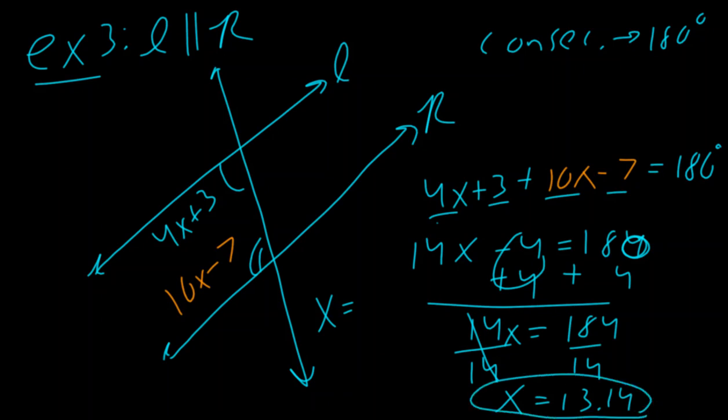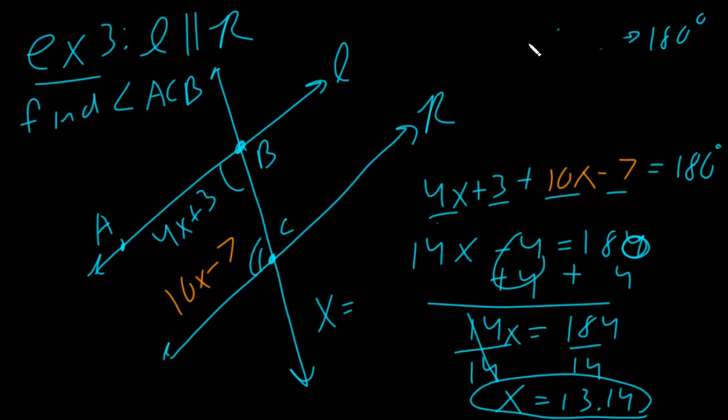Now y'all know me. Y'all know I don't typically like to start there. So what if I said, hey, this is actually point A, hey, this is point B, let's call this point C, and I wanted you to find angle ACB. So the question is, what would this look like if I was asking you to find angle ACB? Well, notice, we got this space right here.